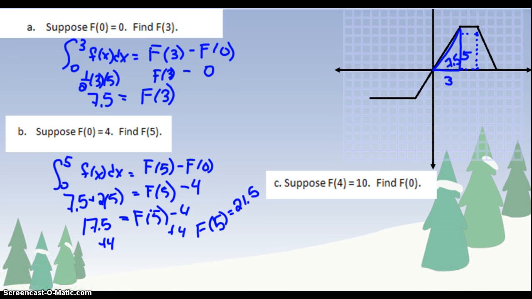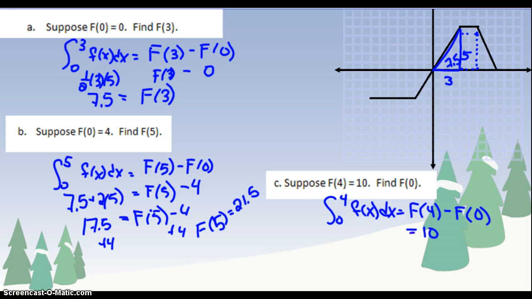All right, looking at C, now we're dealing with 0 to 4. So we write the integral 0 to 4, and that would be f of x dx equals F of 4 minus F of 0. A little different here in that now I'm plugging in the 10 here.